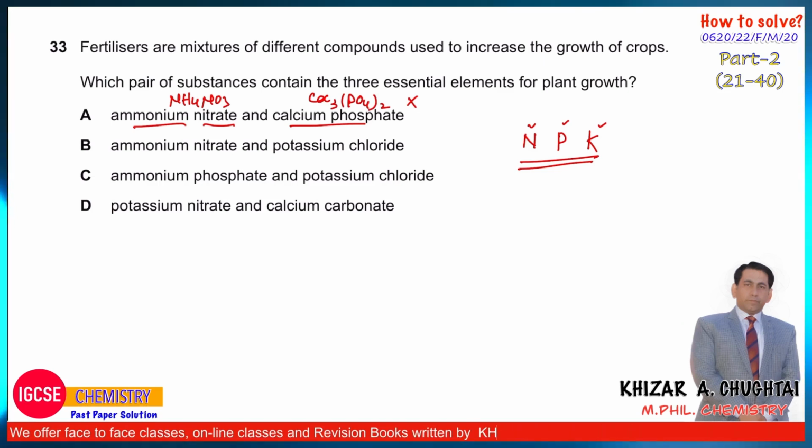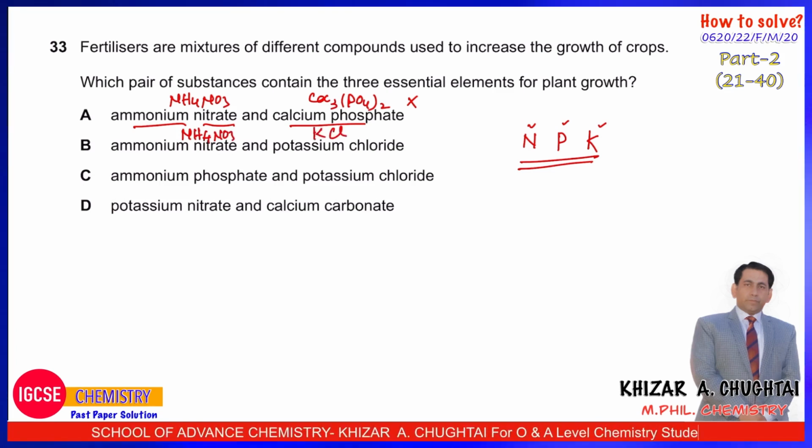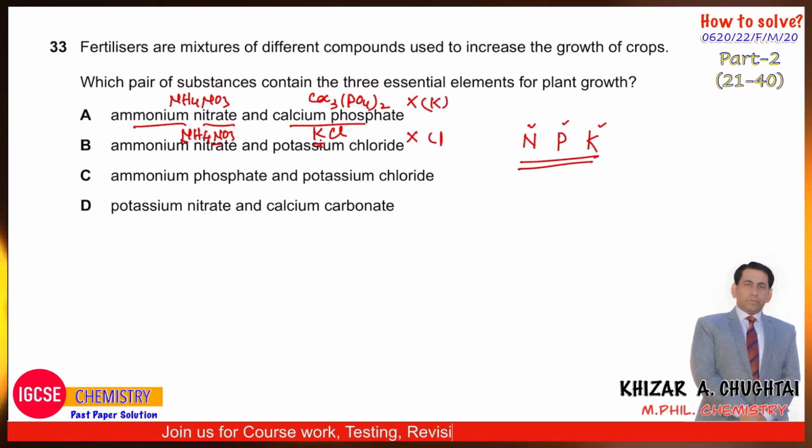Ammonium nitrate, once again, the similar one, NH4NO3, and potassium chloride, KCl. There is nitrogen, there is potassium, but there is no phosphorus. In the first row, there is no potassium. In the second row, there is no phosphorus.